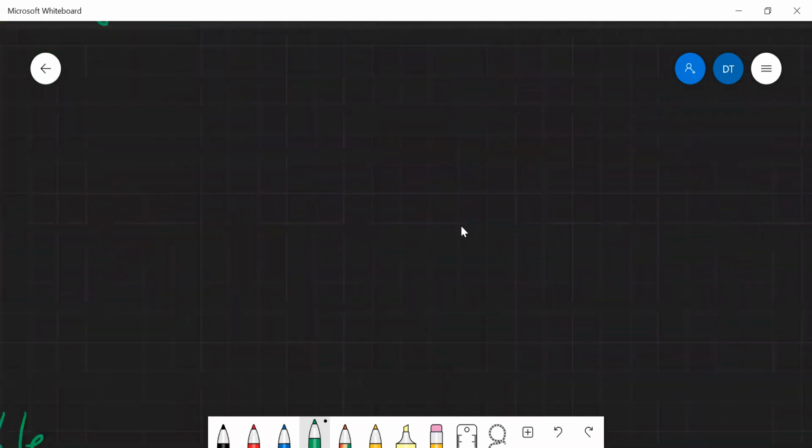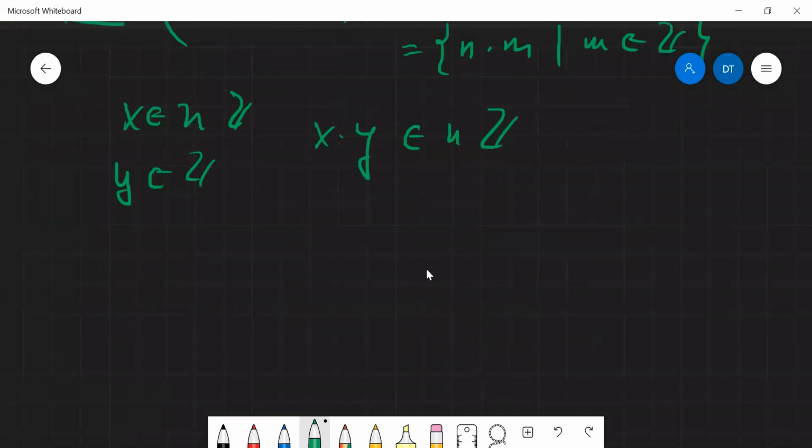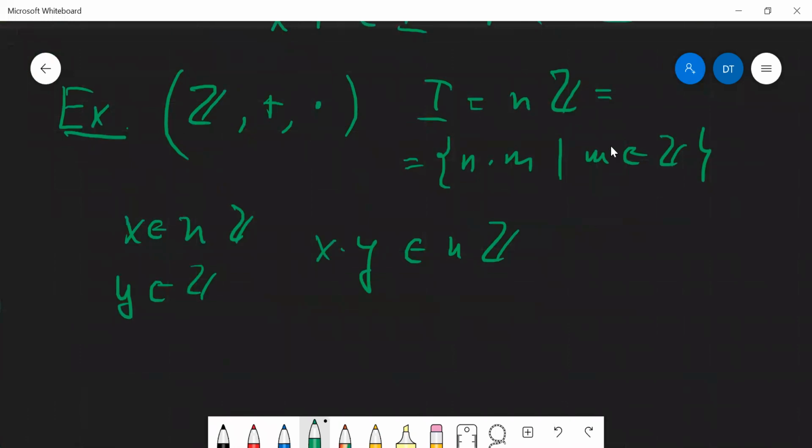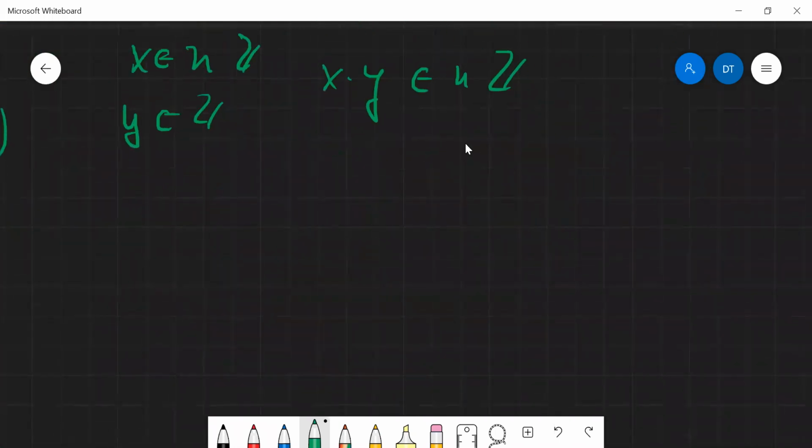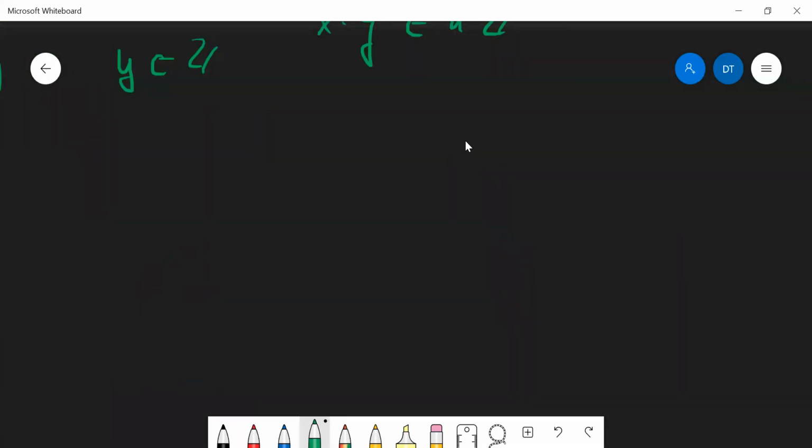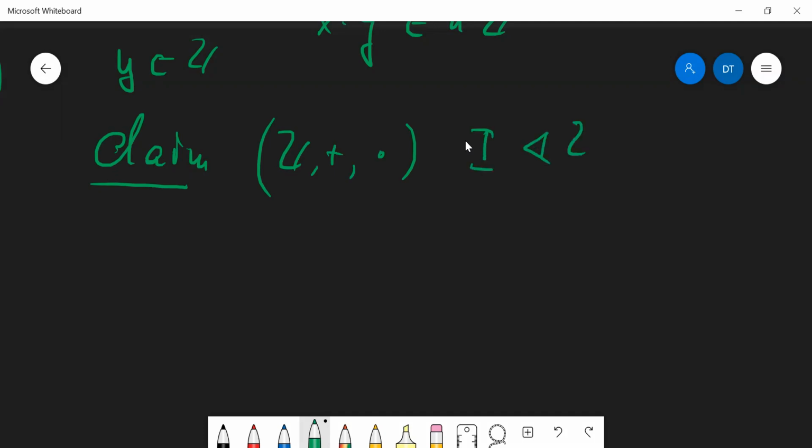Now, actually, all possible ideals here are of this form. So let's prove this. The claim: I want to describe ideals in several rings. The first thing, let's take the ring of integer numbers, and suppose that I is an ideal.